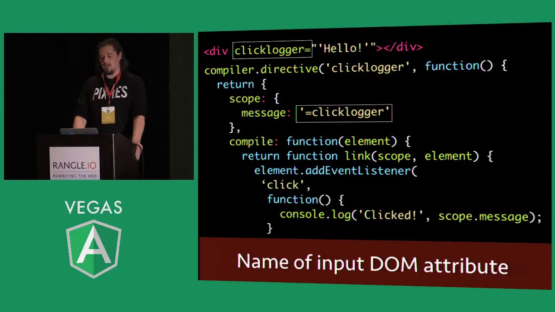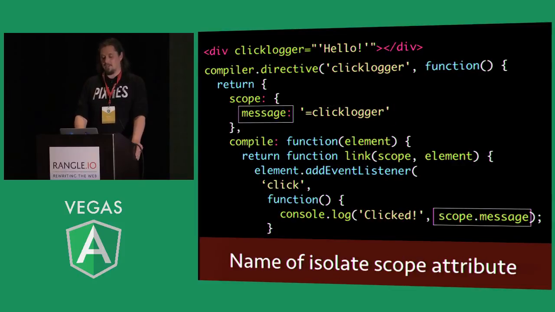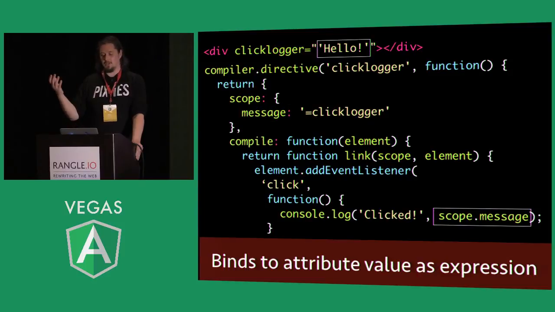And how those work is that each value in that object should match an attribute name in the DOM where the directive is actually used. And the keys in that object line up with keys that end up in the actual scope that the directive gets linked to. And the net result is that you can have expressions defined by the directive user whose values are bound to the isolate scope. Again, it's kind of like passing arguments to the directive.